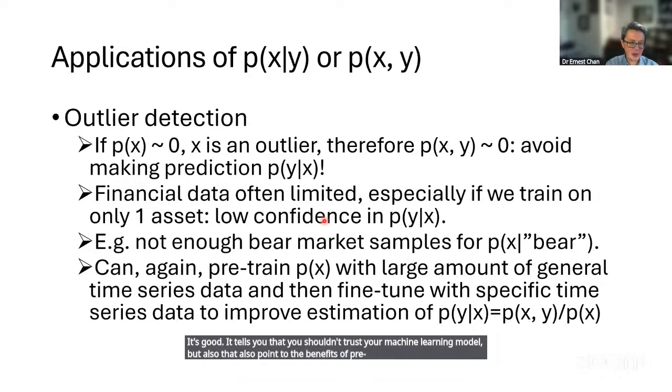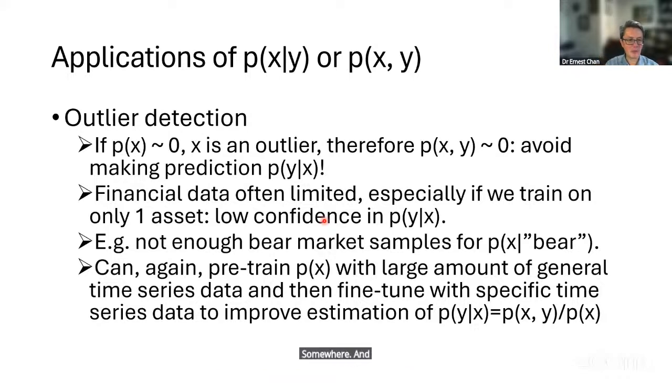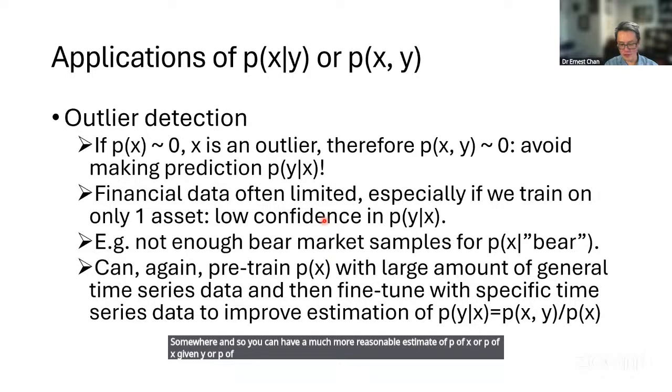Because if you pre-train your model with a large sample of X on all asset classes, well, it would have seen these kinds of outliers somewhere. And so you can have a much more reasonable estimate of P of X or P of X given Y or P of Y given X and so on and so forth. And that is, again, another benefit of pre-training.